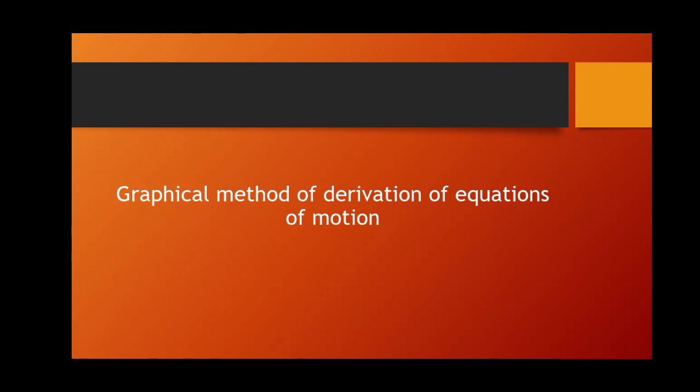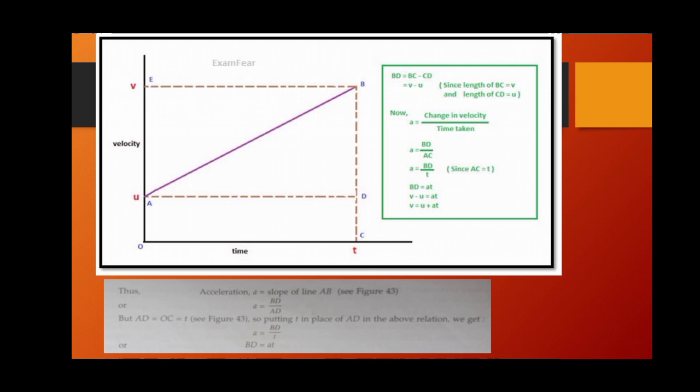Now, graphical method of derivation of equations of motion. To derive v is equal to u plus at by graphical method, consider the velocity time graph of a body shown in the figure. Here, BD equals BC minus CD, where BC is equal to v and CD is equal to u.